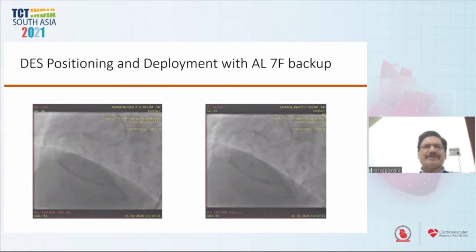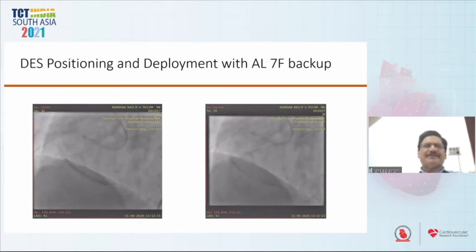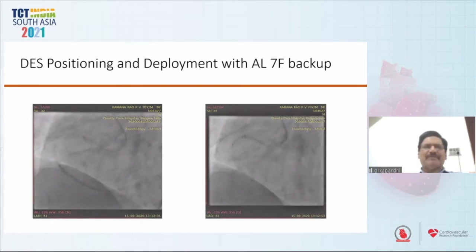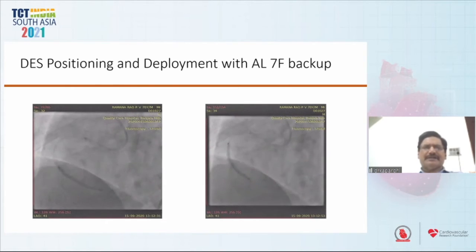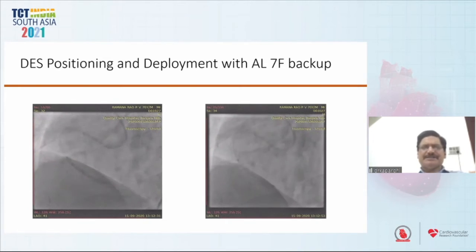As an alternative strategy, we took the 7 French Ampla and with the help of a buddy wire, we successfully negotiated across the distal lesion and deployed the stent.